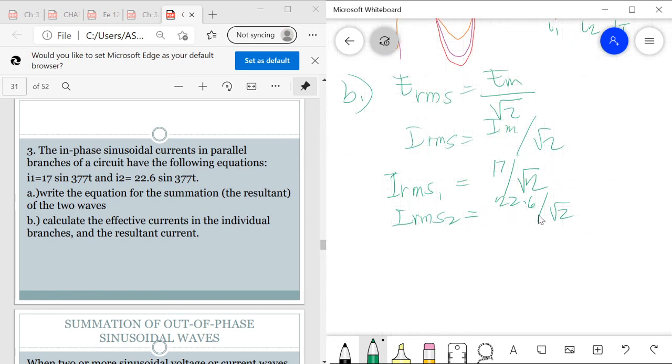And the resultant RMS of this, so let's say IT na lang.